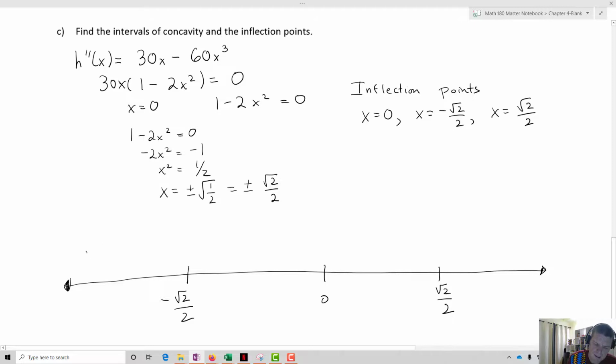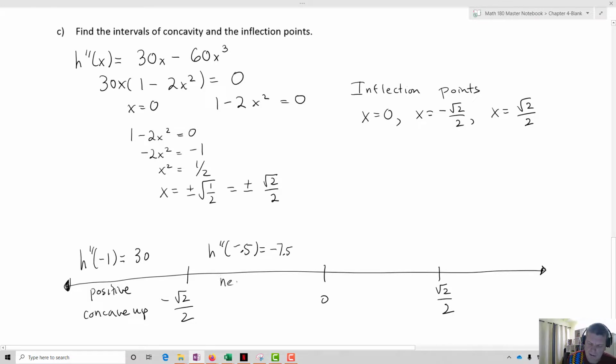Okay? So now we've got h double prime of negative 1 is going to end up equaling 30. So that means that on this interval, the second derivative is positive, and in addition to that, it means it's concave up. Okay, h double prime now of negative 0.5 is going to equal negative 7.5.